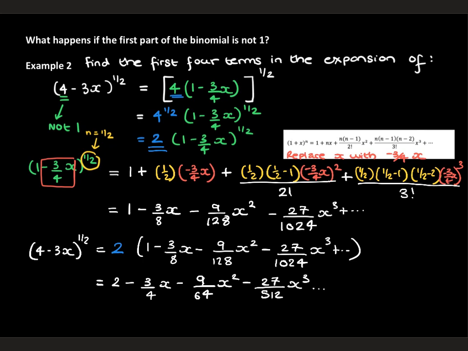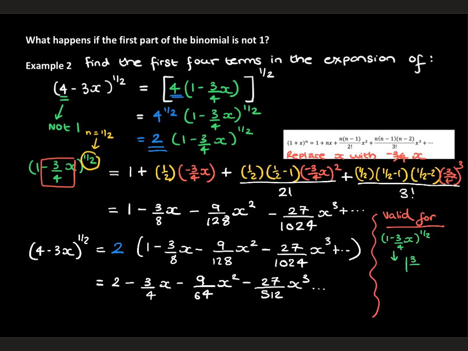Now, of course, we need to make a reference to the validity condition. So let's do that here. If you think about the fact that we were expanding (1 minus 3/4 x) to the power of a half, use this to help you.